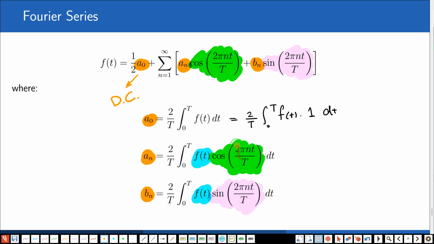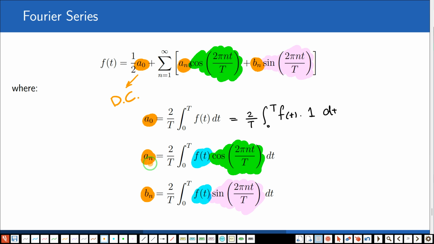So if you want to find the coefficient of this cosine function, then you calculate the similarity between f of t and that function. And that's the number here. And an, bn, or a0, that's the contribution of the basic functions in the function f of t. So that's simply an inner product.